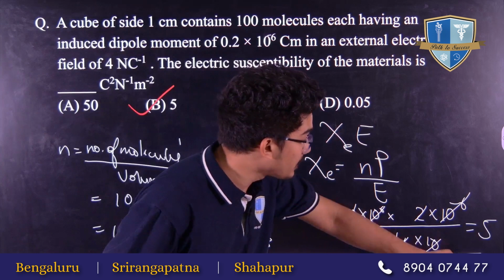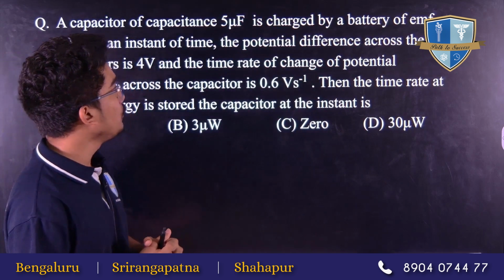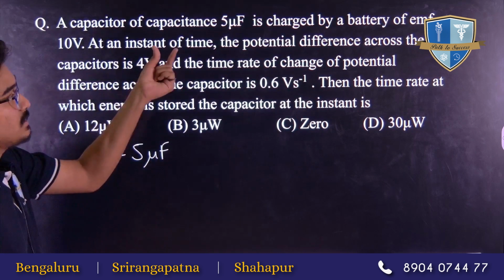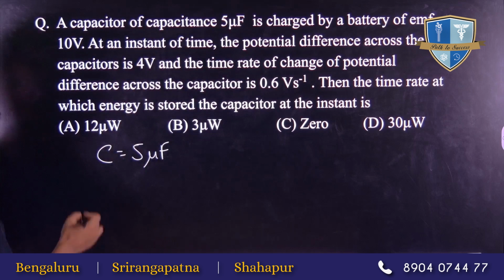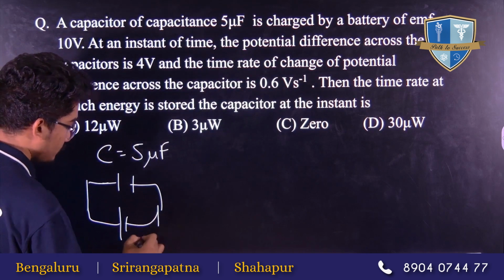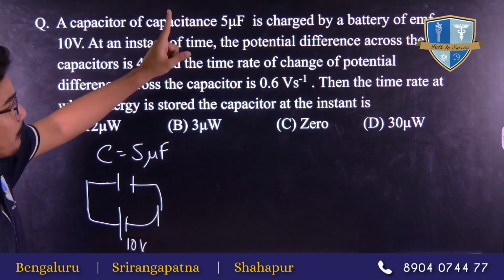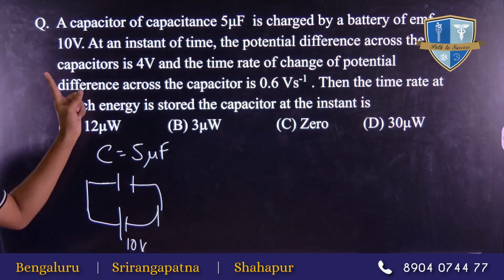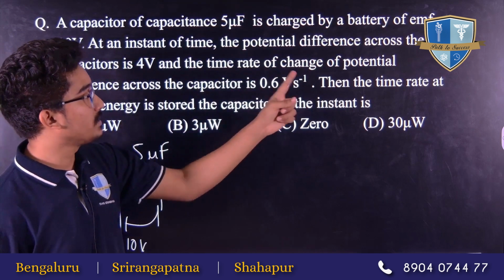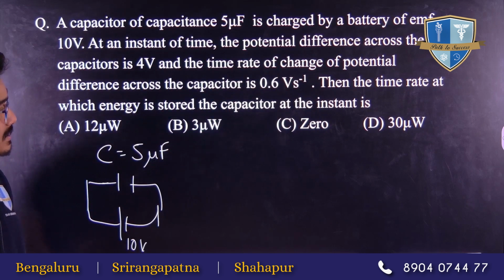Now let's see the next question. A capacitor of capacitance 5 mu farad is charged by a battery of EMF 10 volts. At an instant of time, the potential difference across the capacitance is 4 volts, and the time rate of change of potential difference across the capacitance is 0.6 volt per second.